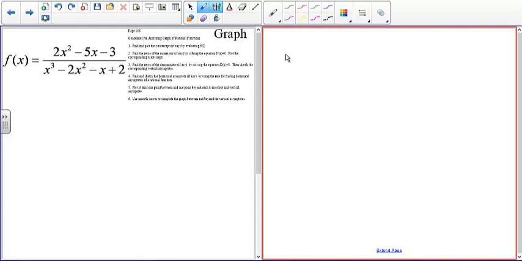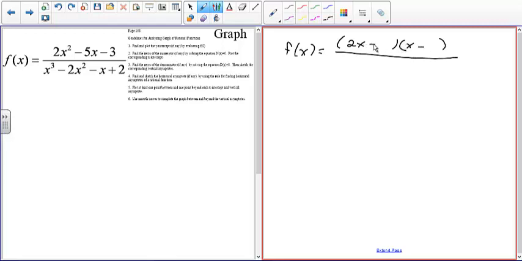So what we want to do first is see if we can factor the numerator and the denominator, and I'm going to assume that this is going to be something that we can factor, at least the numerator. So, to get 2, I'm going to have 2 times 1. And this is negative 3, this is negative 5, so they're probably both going to have to be negative to get a negative 5, which is more negative than negative 3.